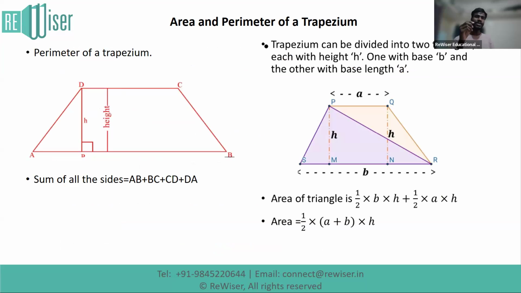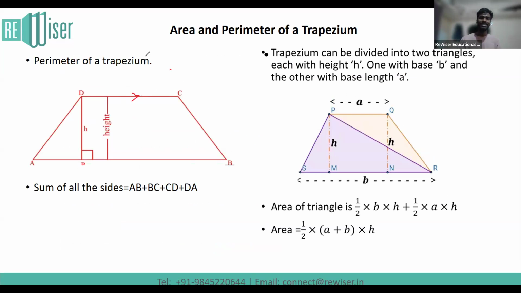Correct. The main property of trapezium is that only one pair of sides will be parallel. So here, your DC and AB are parallel.